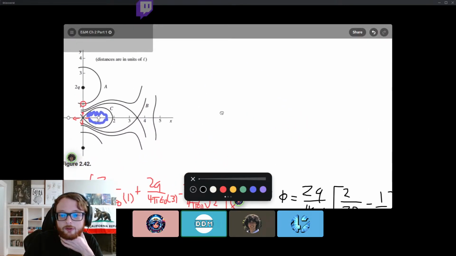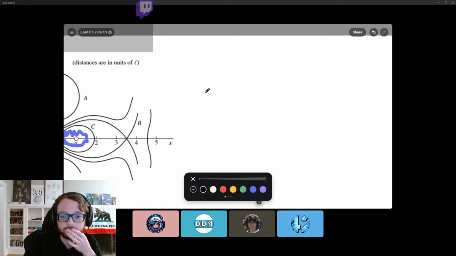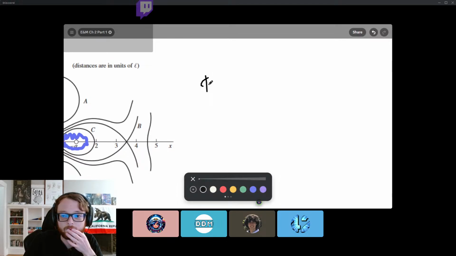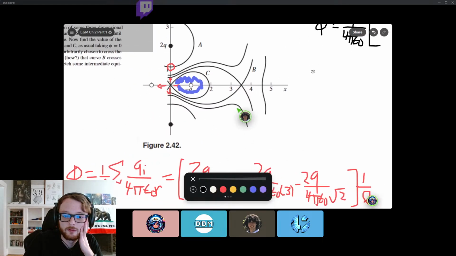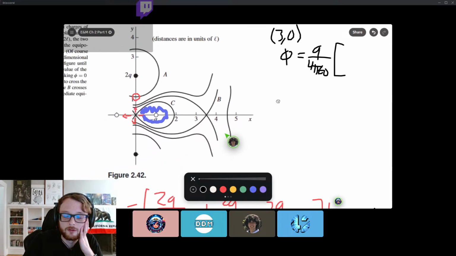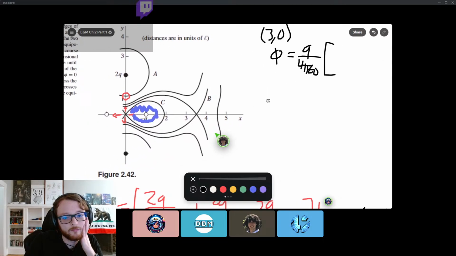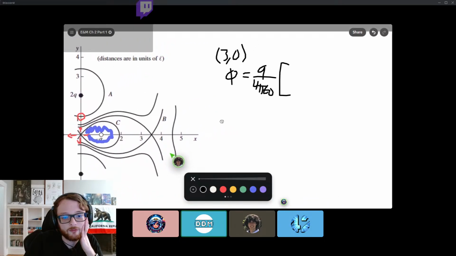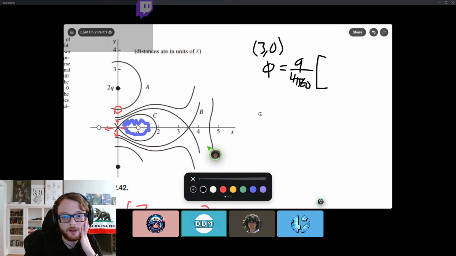I guess I'll do it on the right here. (3, 0). V here is Q over 4 pi epsilon naught. For the positive charges, we have a triangle.